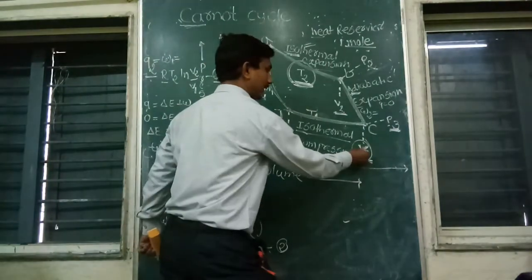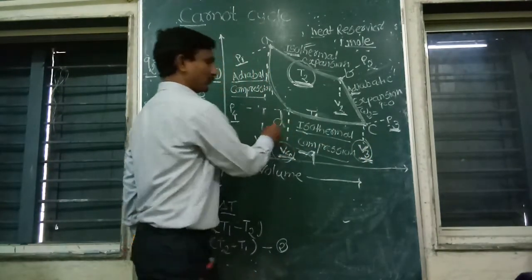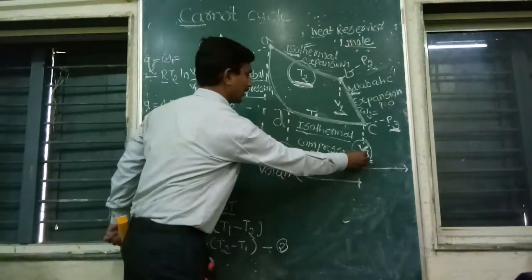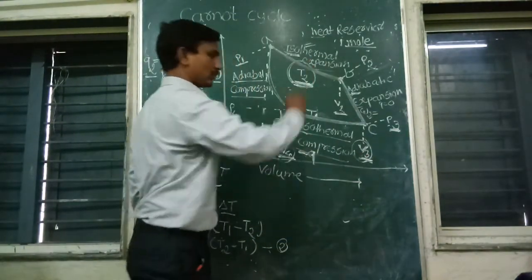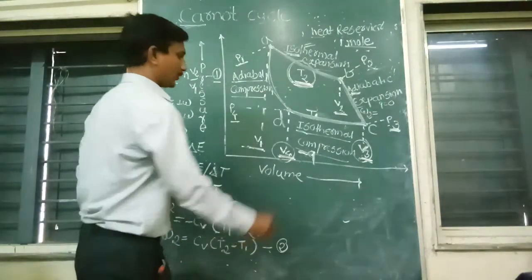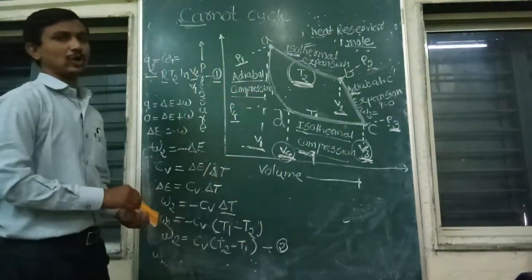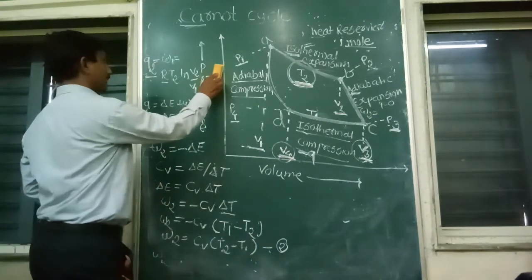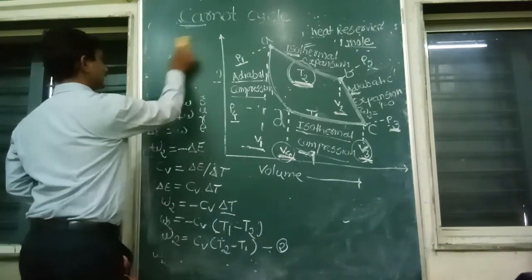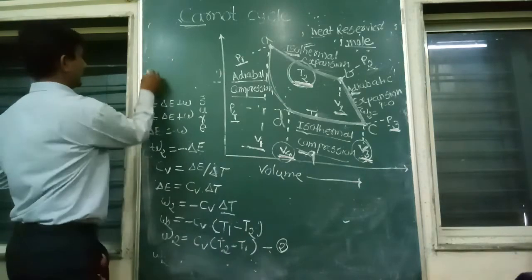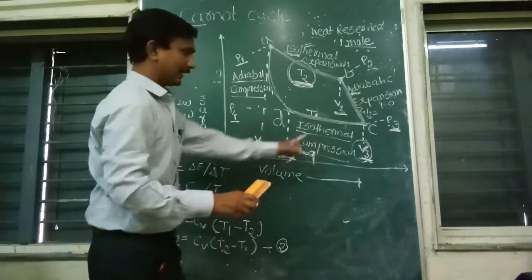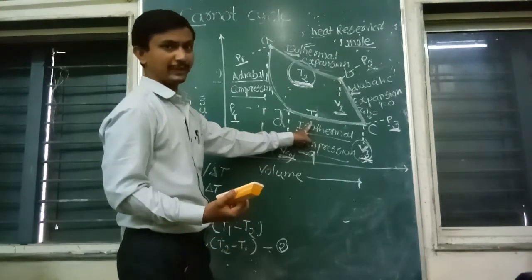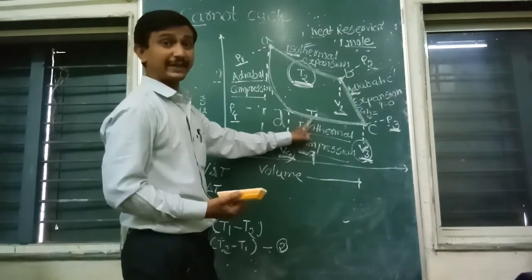So V3 is greater than V4, and V3 is the initial volume and V4 is the final volume in step 3. So work done during this step 3. In this process, heat evolves, means Q is negative.